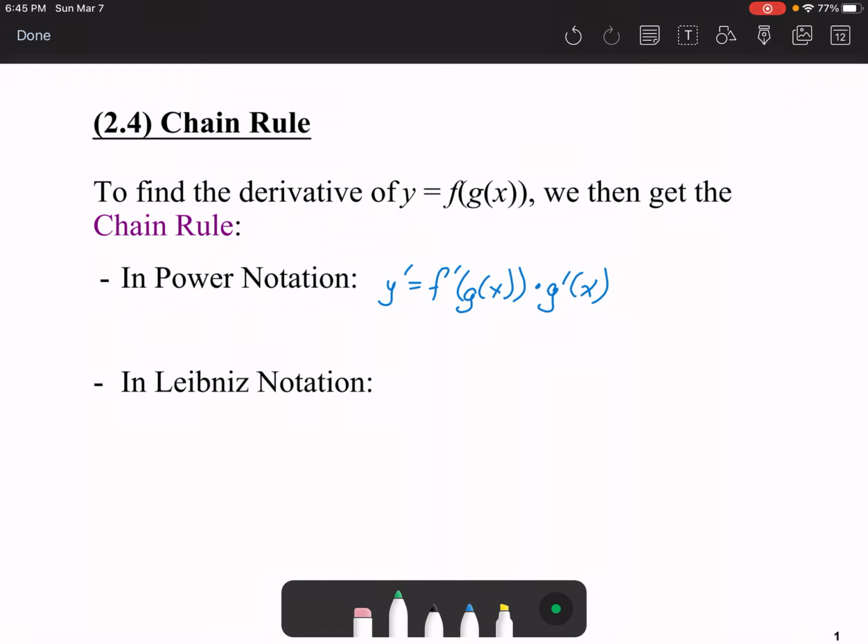Or if you're using Leibniz notation, to find dy over dx, which also is df over dx, you're finding df over dg times dg over dx. And it looks like the dg's cancel each other out here.